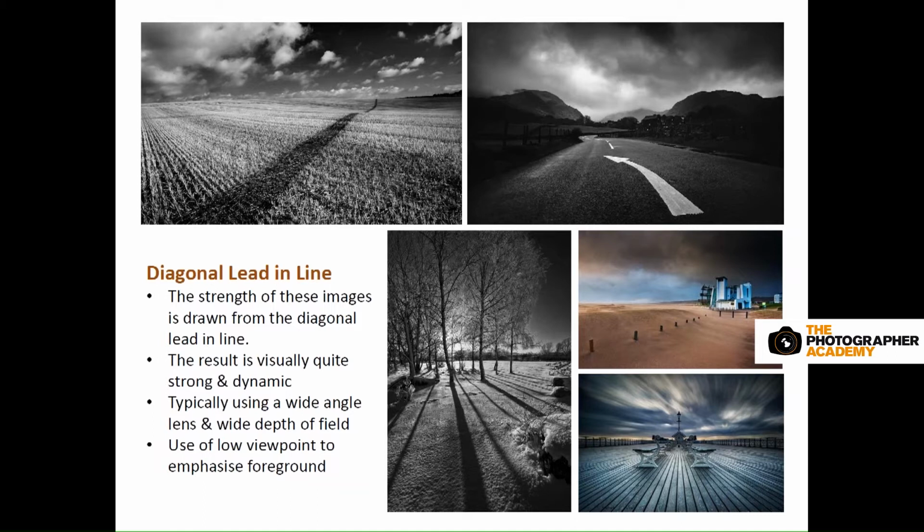Compositionally, those are similar, but two things distinguish them. Firstly, the continuous line on the first one through the field, and a broken line on the second one. The effect is the same on the broken line because it still takes your eye through the picture.